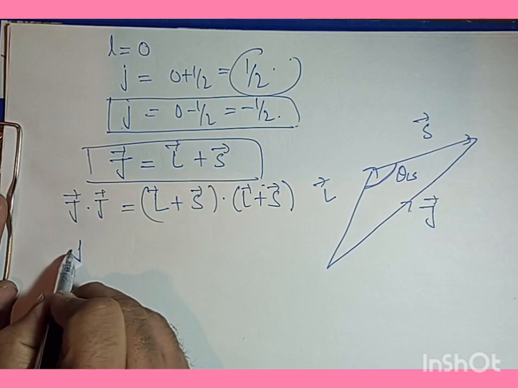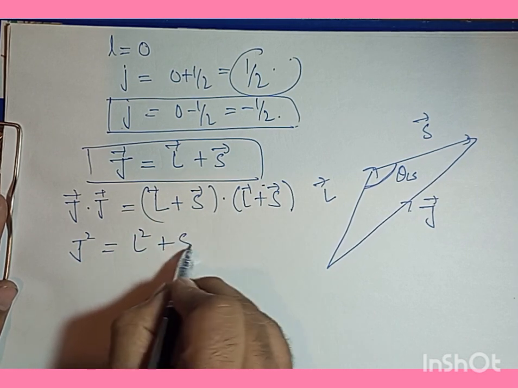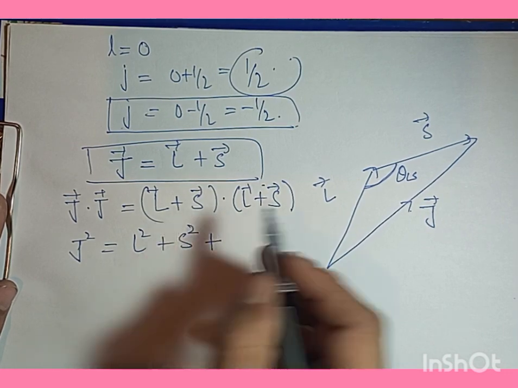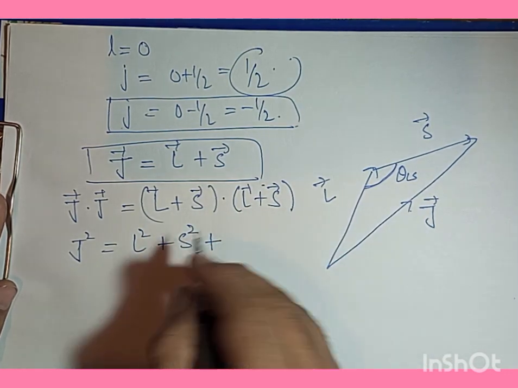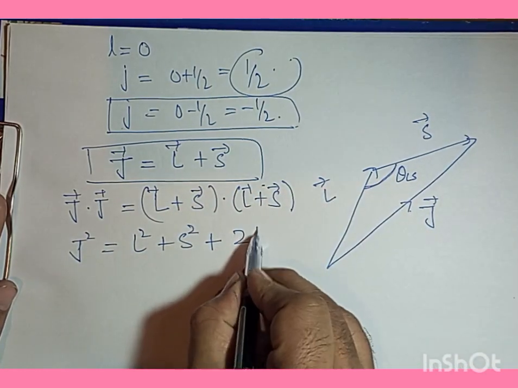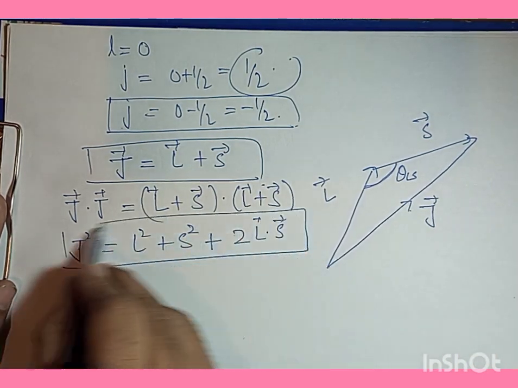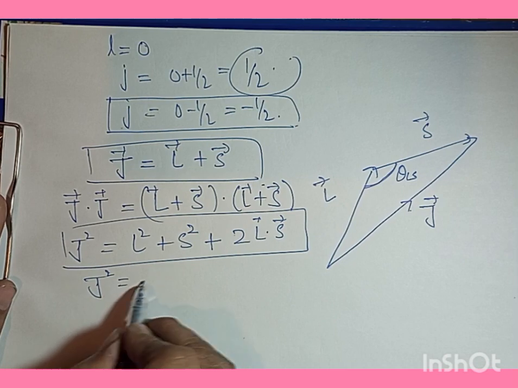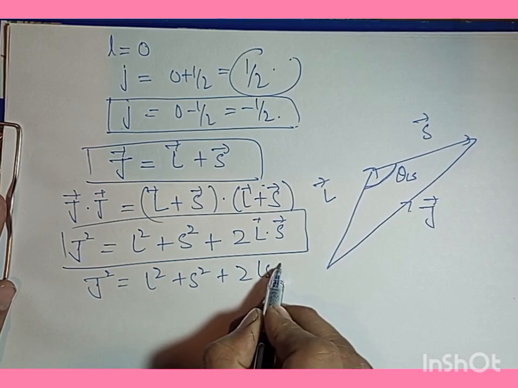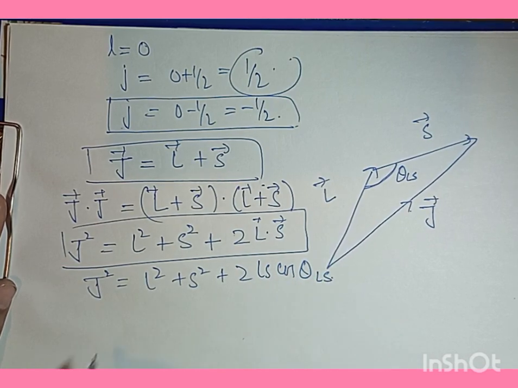This simply gives J square, L gives L square, S gives S square, and then L dot S plus S dot L. Since the dot product of vectors is commutative, we can write 2 L dot S. We can boil down this equation as J square is L square plus S square plus twice LS cos theta LS.